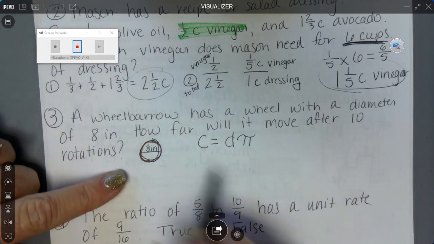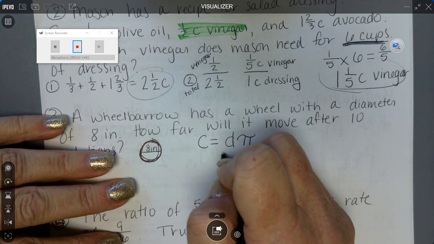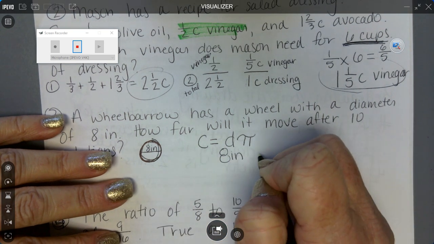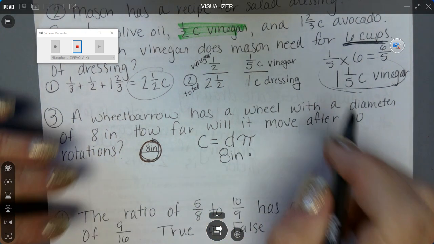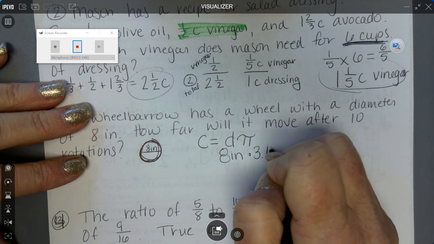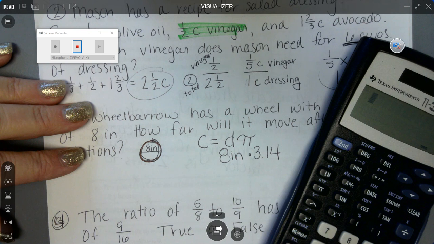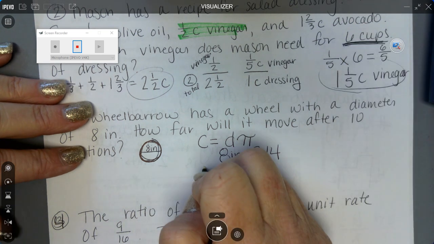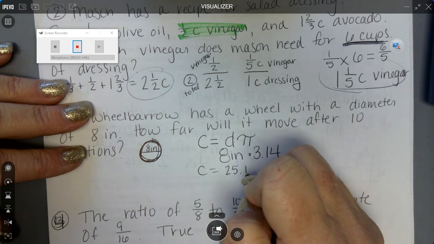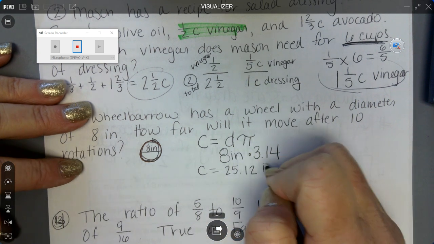So my diameter is already given to me. It's 8 inches. Even though it doesn't say it, I'm going to use 3.14 for pi. So 8 times 3.14 comes out to be 25.12 inches.